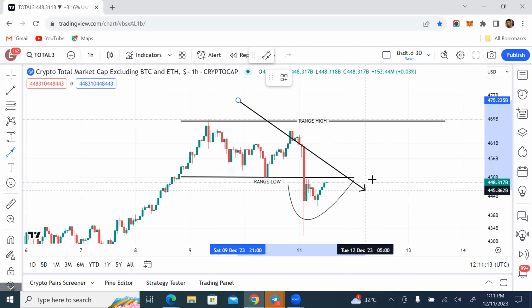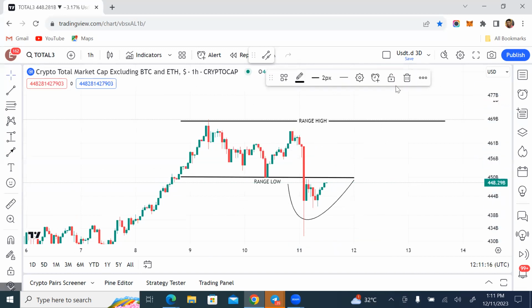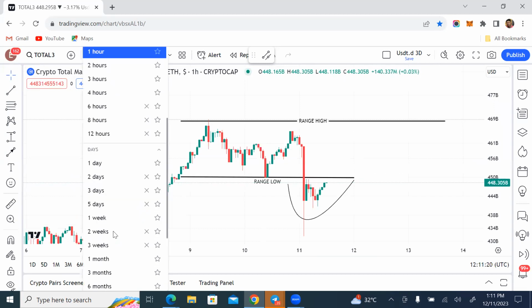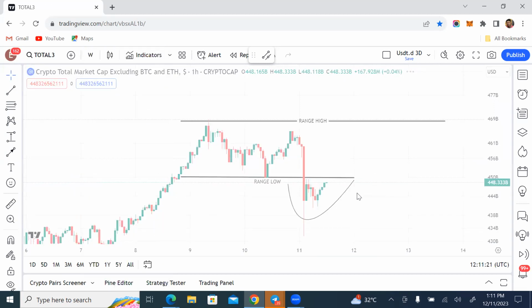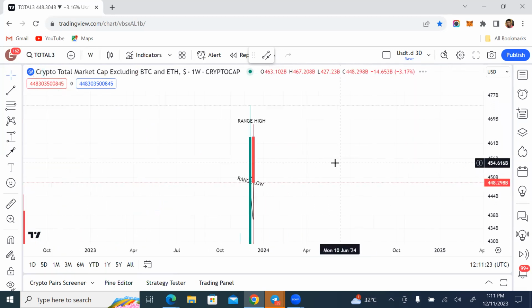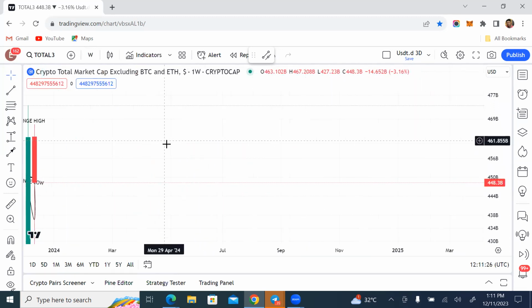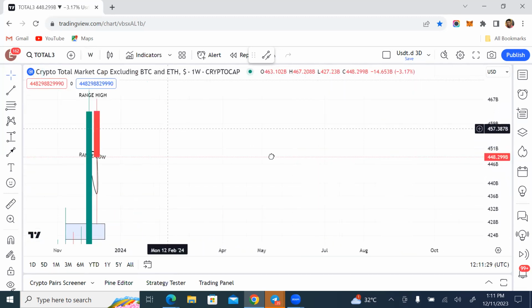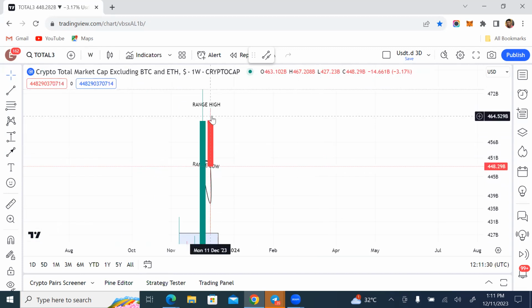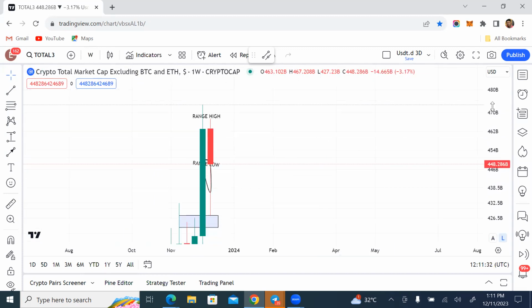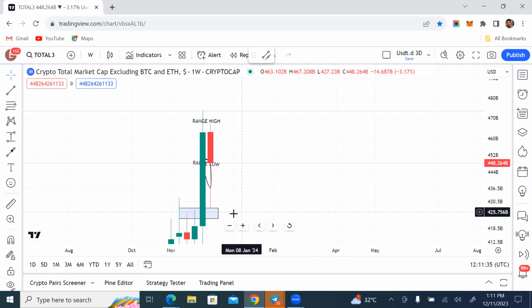Remember, when we were on the weekly, I said something. I don't know if you remember vividly. I said, unless this range high is taken out, I think it's right here, we cannot enter this trade comfortably.